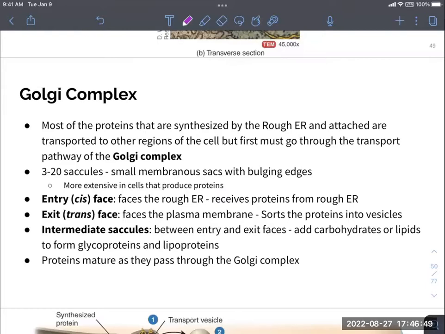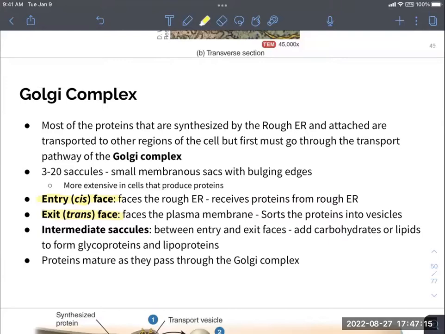They become what these proteins are destined to become. The Golgi complex has an entry or cis phase and an exit or trans phase. The entry or cis phase faces the rough endoplasmic reticulum, and it receives proteins.